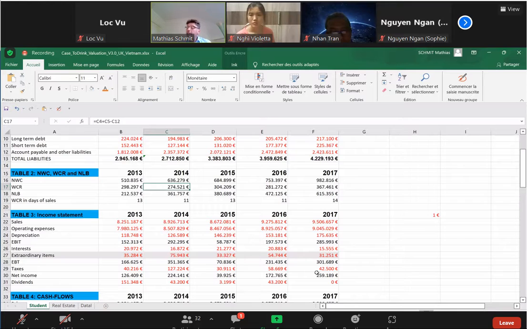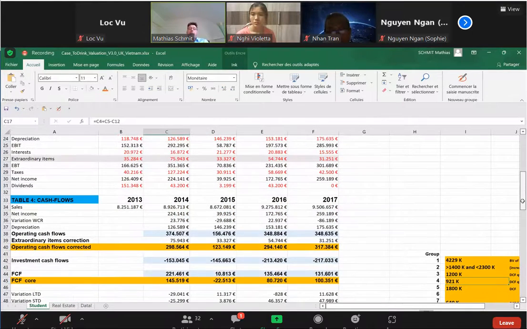By definition, extraordinary items are difficult to estimate, because they should not be part of the core business and they are non-recurrent. So I can say, I will not take them into account, so I subtract them. It is what I name the corrected cash flows, when I do not take into account the extraordinary items.